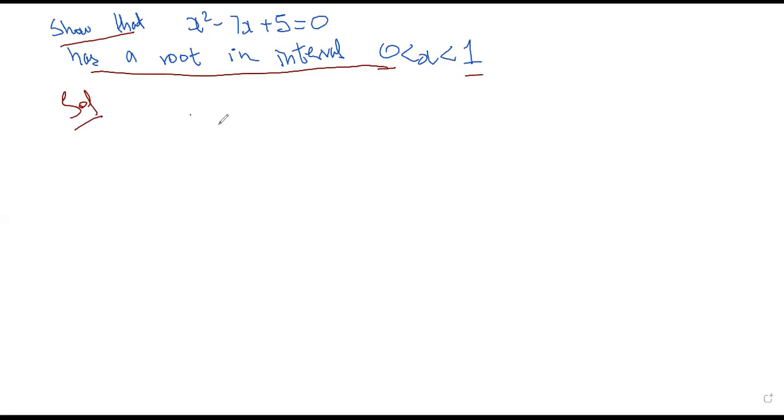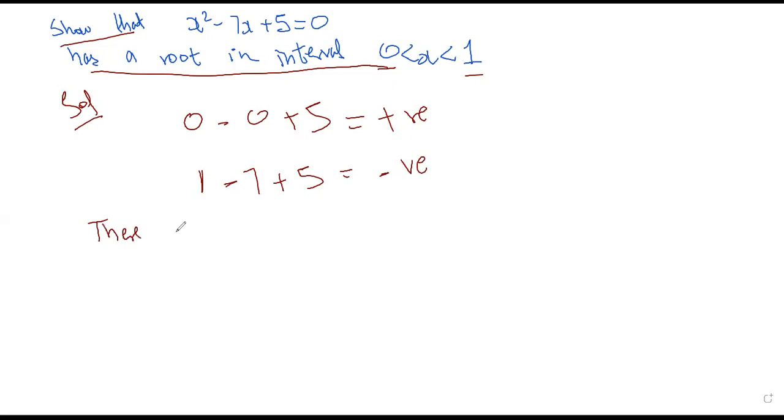Excellent. So 0 minus 0 plus 5 is positive, and 1 minus 7 plus 5 is negative. This would be 5, this would be minus 1. Okay. So the proper statement is there is a sign change between 0 and 1. 0 minus 0 plus 5 will give positive, right?